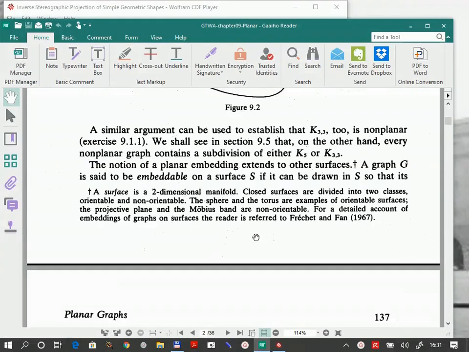This is our torus T, and for each point you have this thing. You have this map, which is continuous and has a continuous inverse.